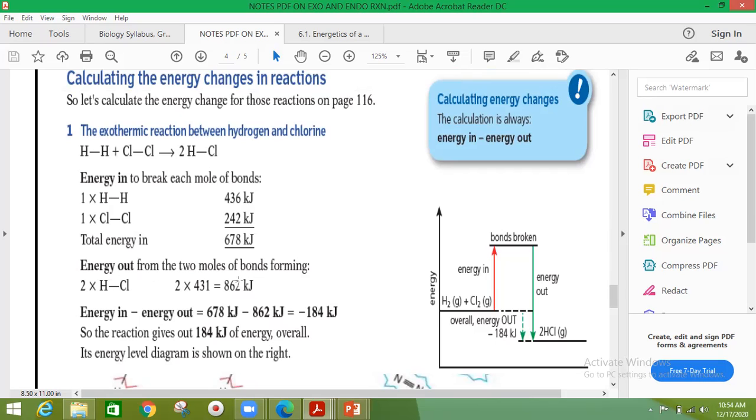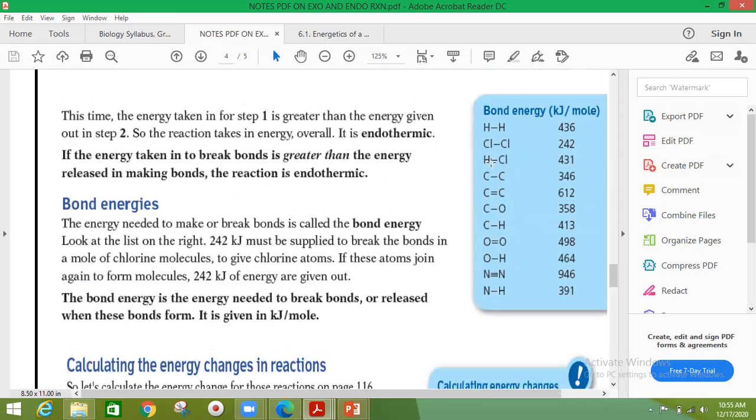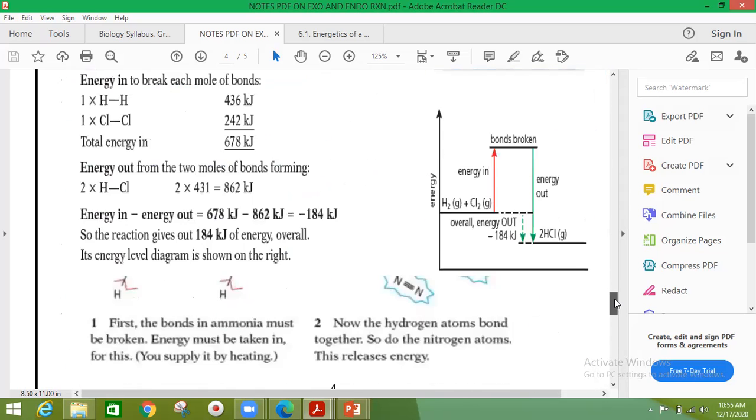Now we have the second part: energy released from the two molecules. See here, 2HCl. That's why we need to write 2 times H and Cl. We check in the table the amount of energy for H and Cl, which is 431. So multiply 2 with 431, and you will get 862.